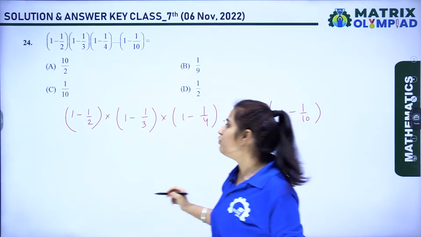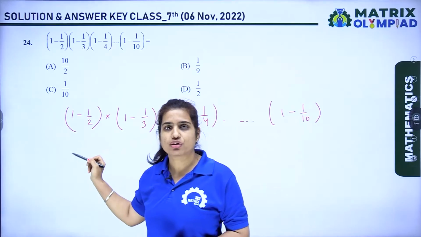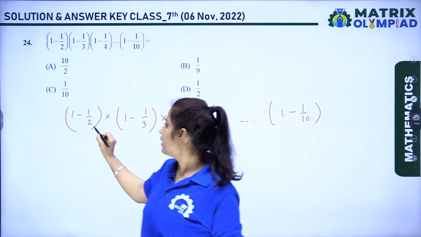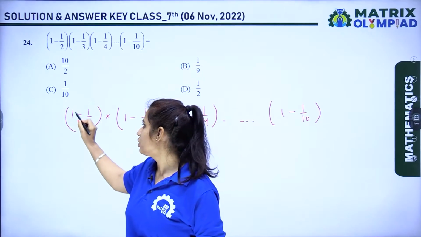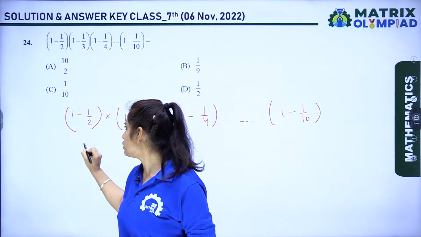Now, first of all, we are going to solve the first bracket of this question. So here, first we have to take the LCM. LCM is 2. Then here, 2 minus 1 is 1 upon 2.